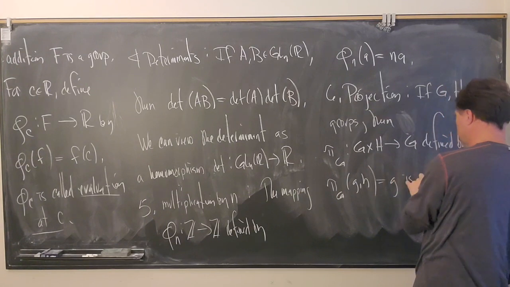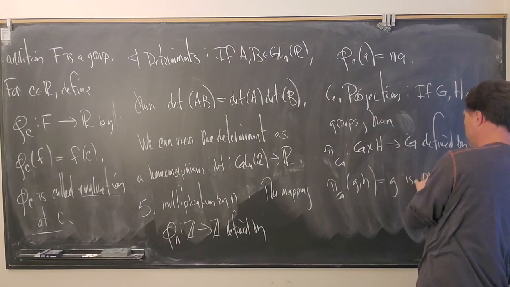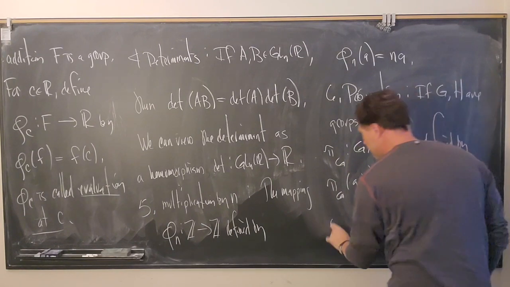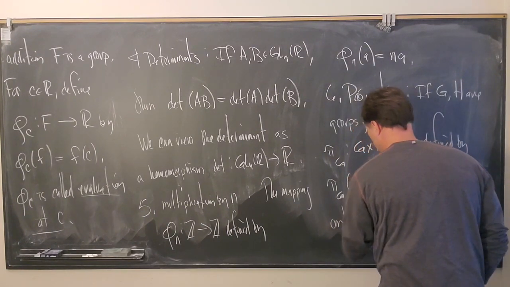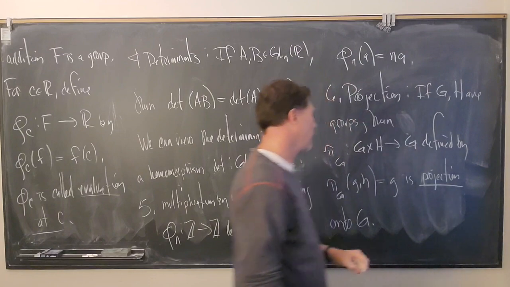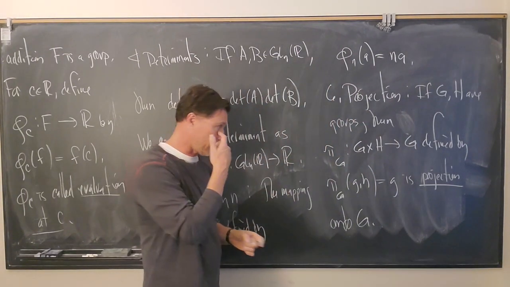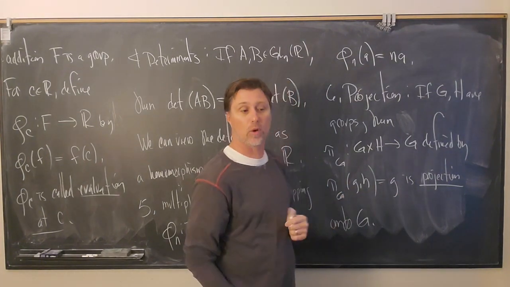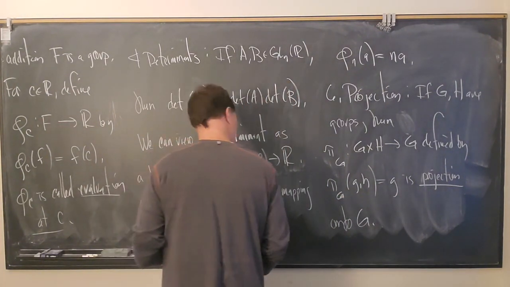This is projection onto G. There's also projection onto H, right? Put a capital H here, and then the output would be little h right there. That's also a homomorphism called projection onto H.